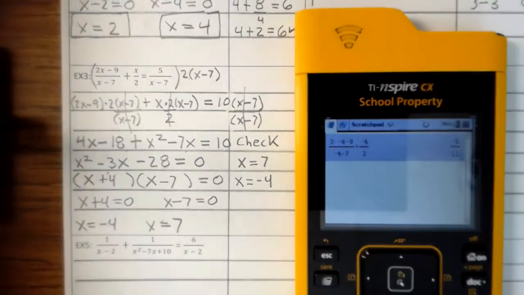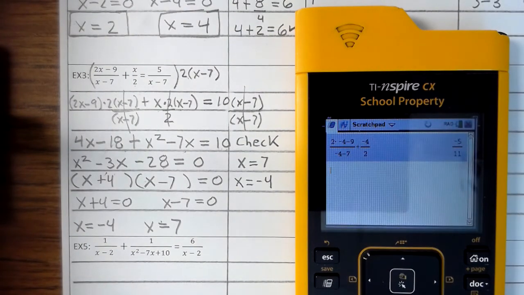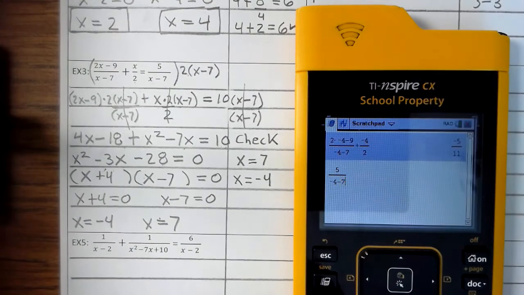Now let's do the right side. So control divide. 5 divided by negative 4 minus 7 is negative 5 divided by 11. So x equals negative 4 checks. That's the solution.